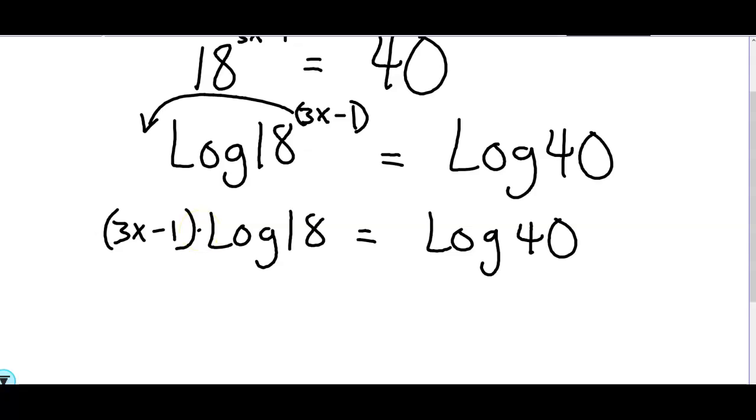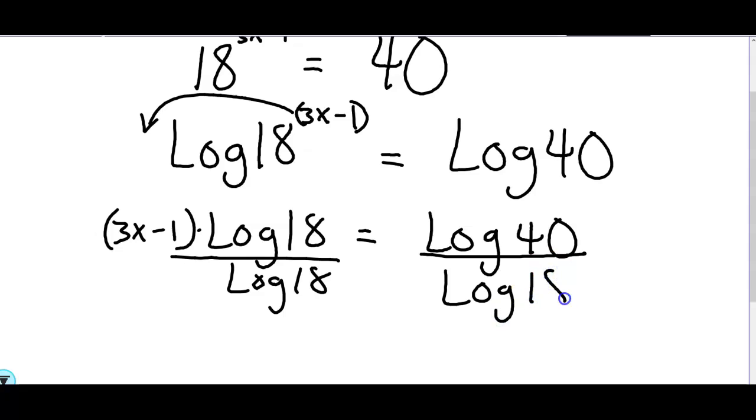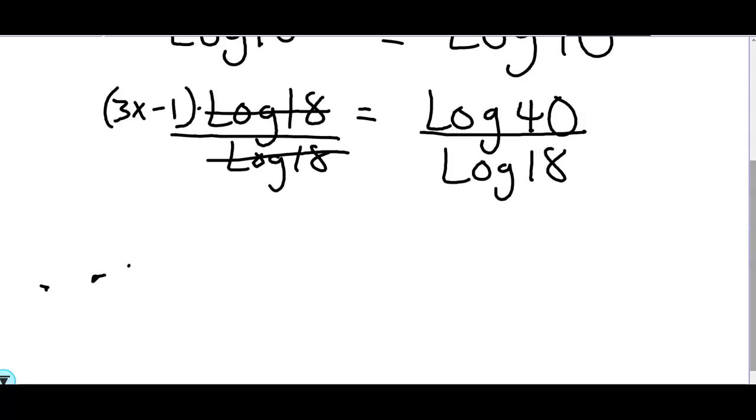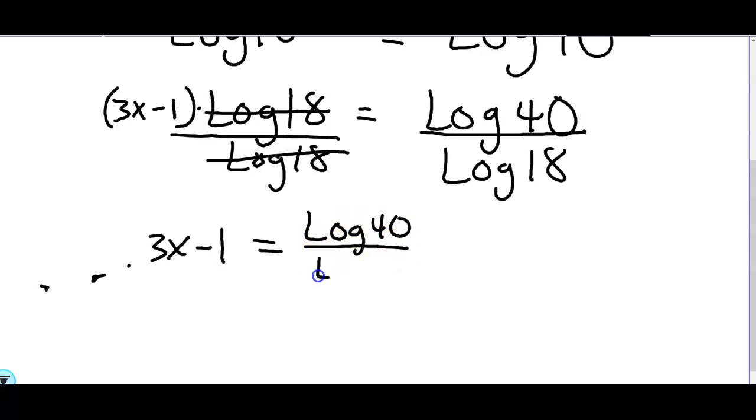Now, the next thing I'm going to do is divide both sides by log 18. That way, I'm starting to get x by itself, okay? So now I've got 3x minus 1 equals log of 40 over log of 18.